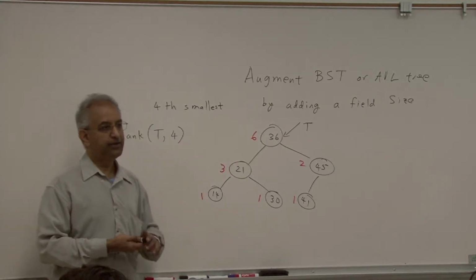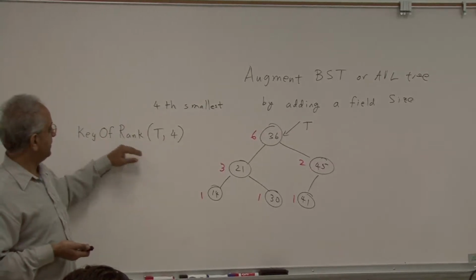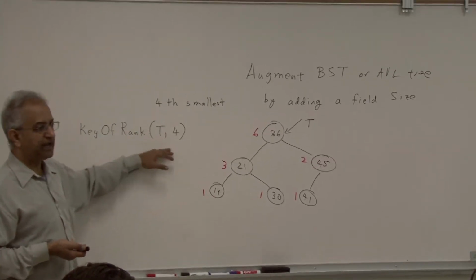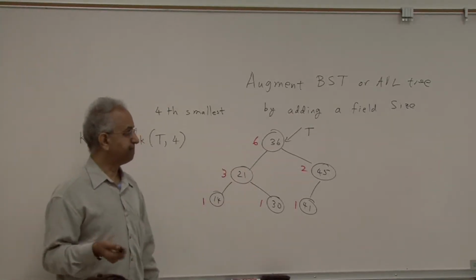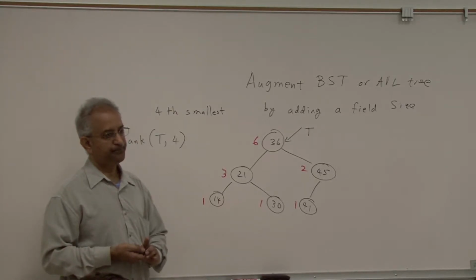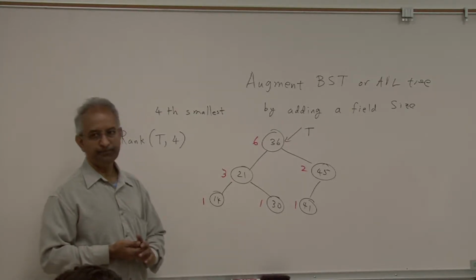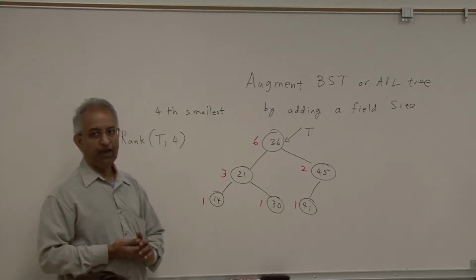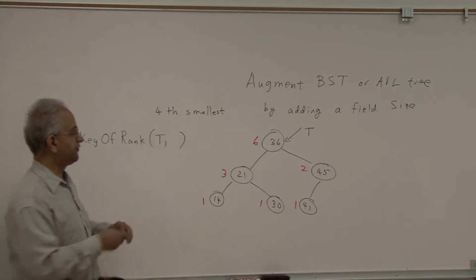Is that clear? Okay. Now the question is this: how do you determine the key of a given rank using this additional information? I mean, more generally, it could be any number k, okay?